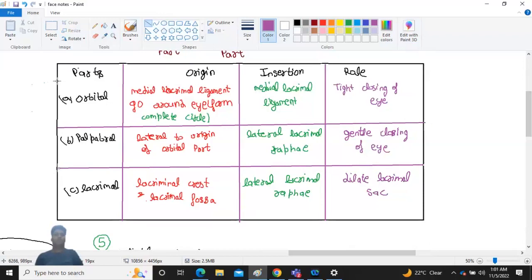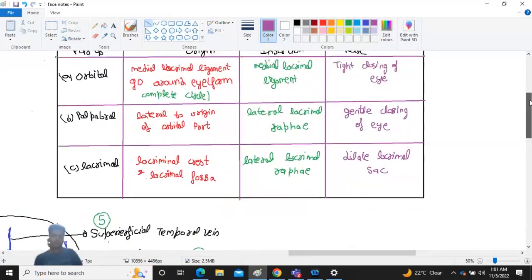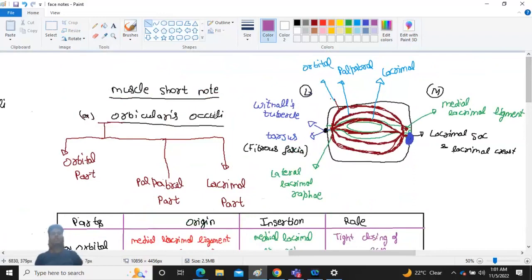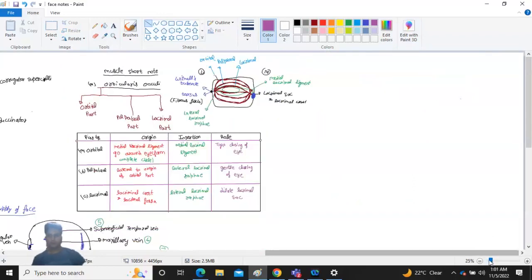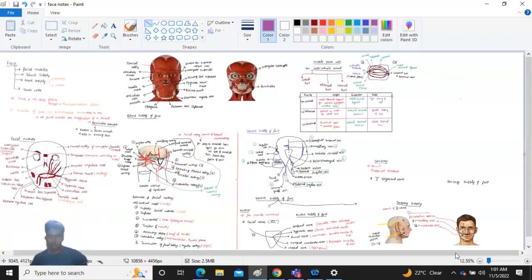Done. This is a table for this. So this is a short note of the first muscle, orbicularis oculi. This is the important muscle for short note. This is the portion we have covered.